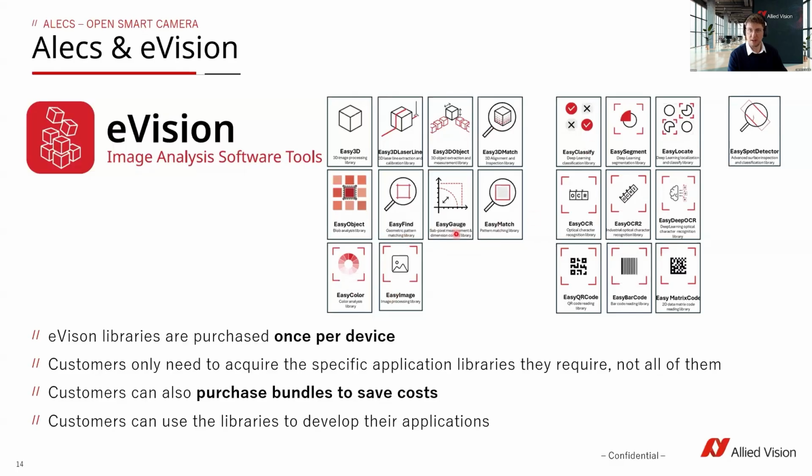So these are several libraries which have a subset of things which you can combine in the pre-shown graph. And for sure, you just need to purchase one library per one device. So it's not necessary to buy the entire software suite just for one application. So you choose what you want.